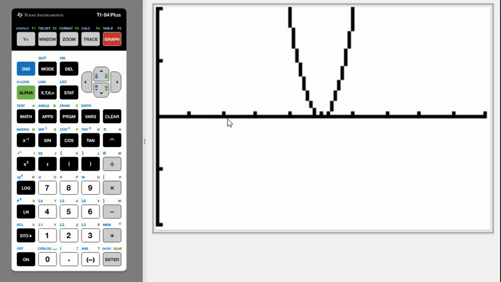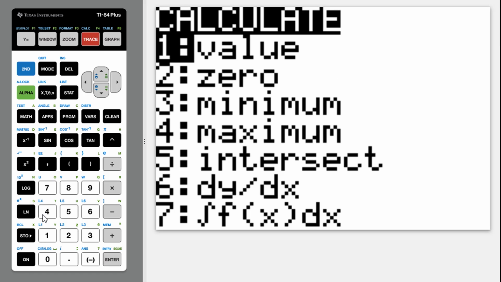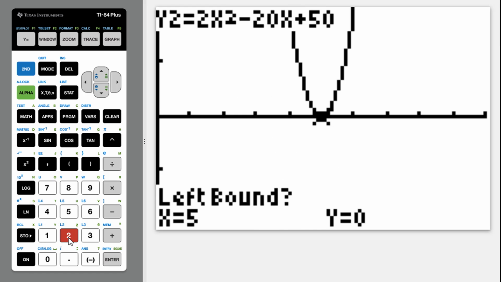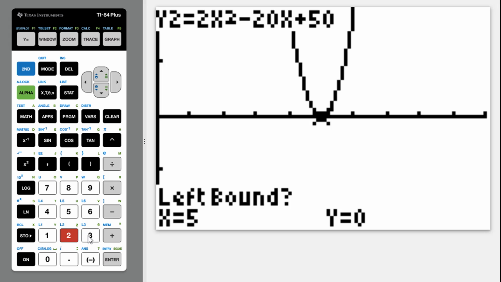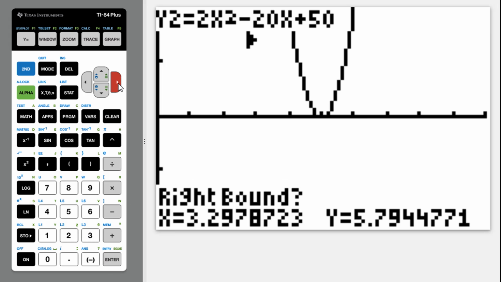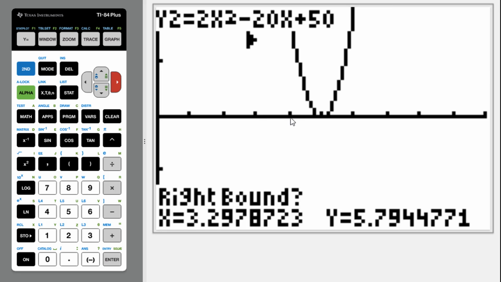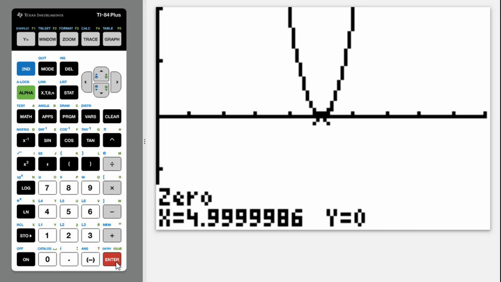So you have 1, 2, 3, 4, 5. You can use second trace to check. That is 2. 1, 2, 3. So 3 for left bound. Right bound, this is a 3, 4, 5, 6, 7. Let's do 7. Then enter, enter.